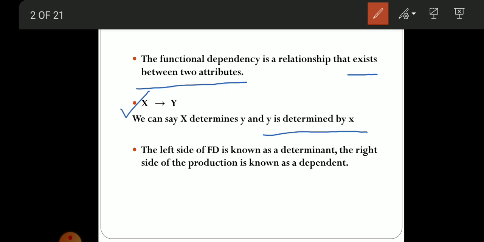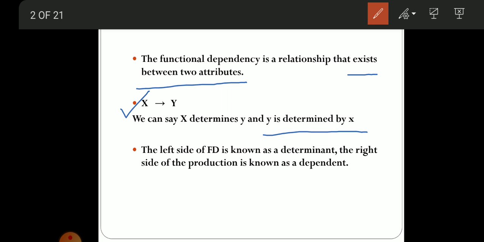If we have some value, then we have to search some data according to that value, right? So according to the second point, we can say that if we have the value X, then we can search the value Y, or we can find the value from the given table, right?